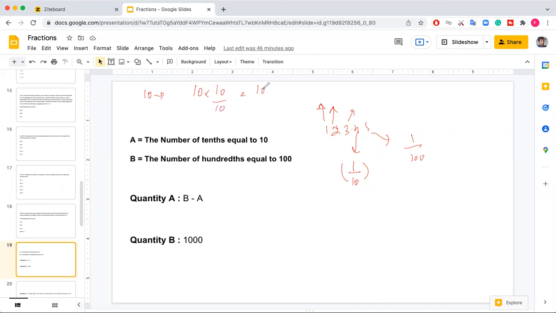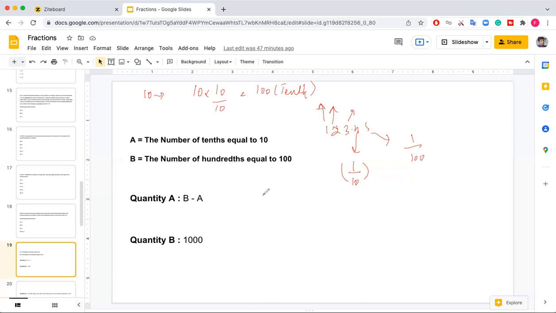For 10, we have 100 10th. And for 100, we have 10,000 100th. Got this? Actually, to make 0.1 into 10, we need 100. And to make 0.01 into 100, we need 10,000.